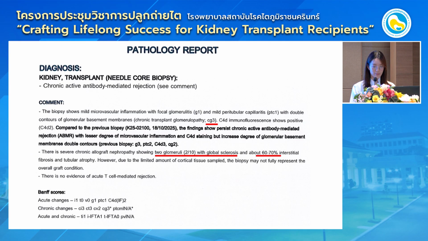The chronic ABMR still persists, but we see fewer active lesions. His glomerulitis score decreased to 1, and it's starting to change into a chronic form. He has a CG score of 3, and the glomerular sclerosis increased a little bit, but the interstitial fibrosis and tubular atrophy score increased up to 60 to 70%.